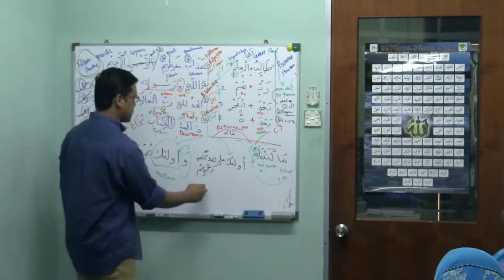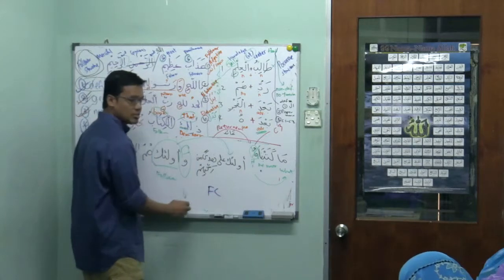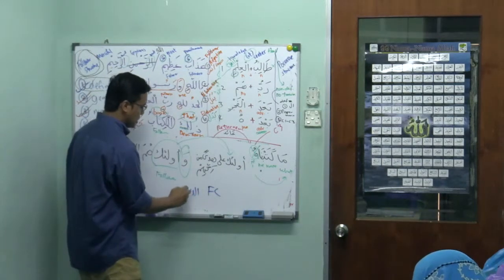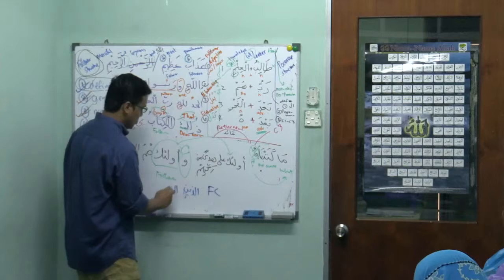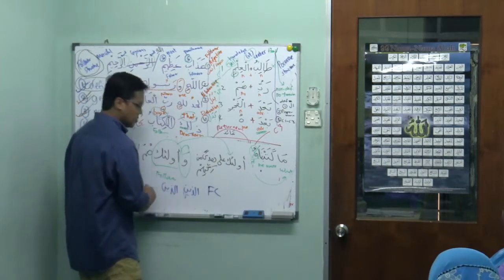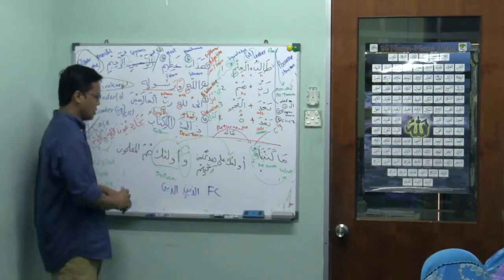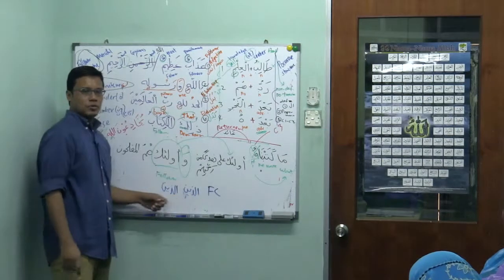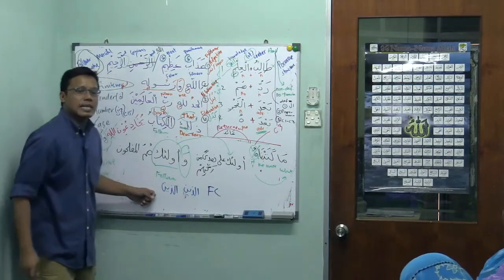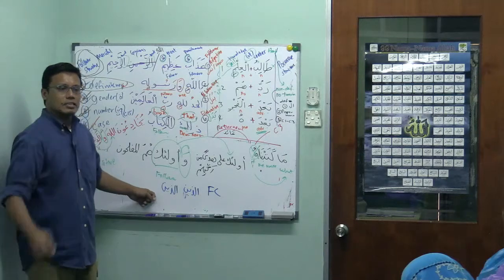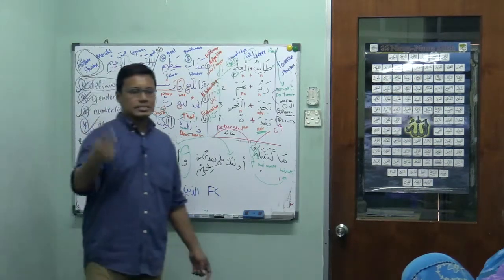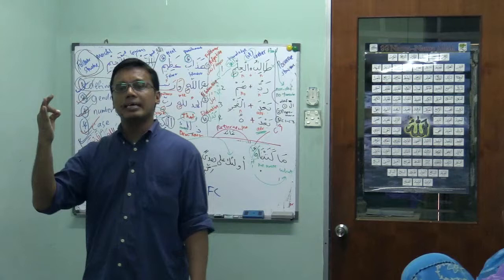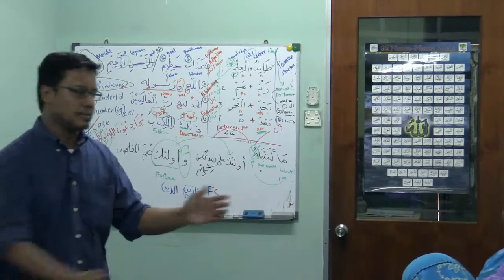So you have an FC, follower conjunctive, alladhina, and alladhina also for the follower and followee. And then in terms of sign, in terms of conjunctive, what are the signs? Just one, which is the case. That's it. Okay.